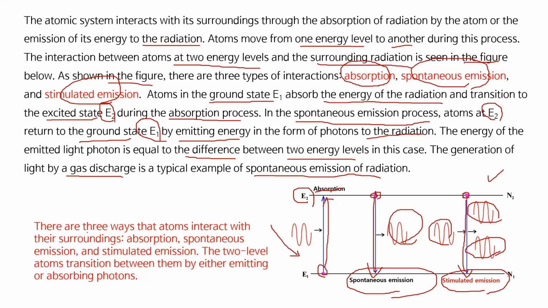So there are three ways that atoms interact with their surroundings: absorption, spontaneous emission, and stimulated emission. The two-level atoms transition between them by either emitting or absorbing photons.